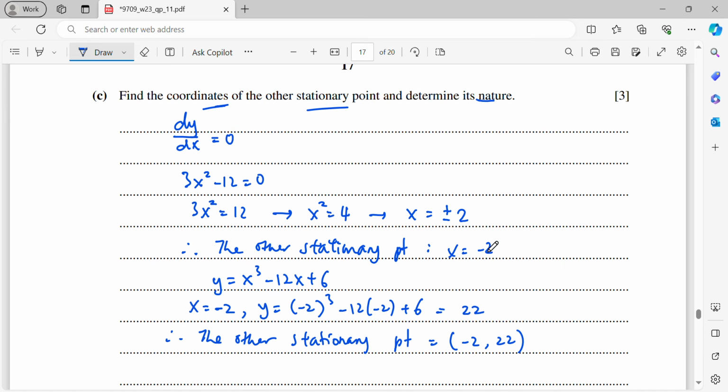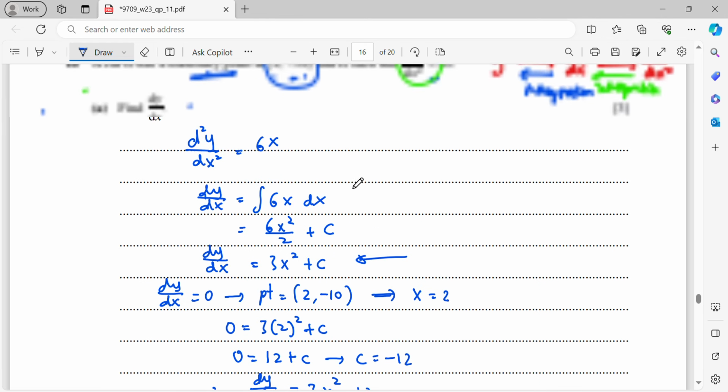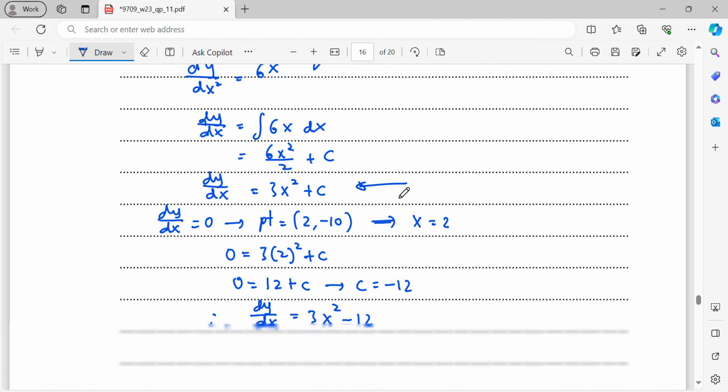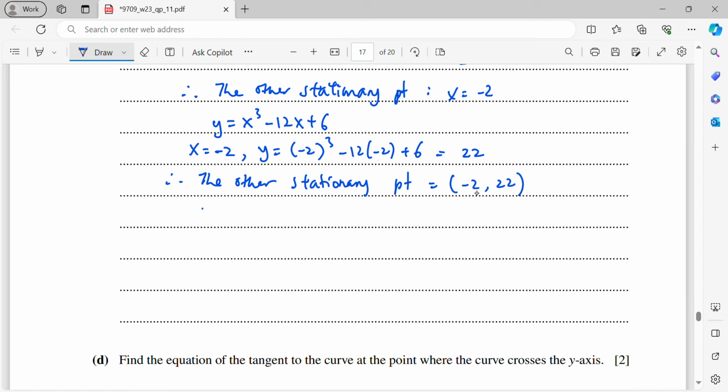Okay, so now to get the nature means the second derivative. So I have to copy 6x. Okay, so d squared y over dx squared equals 6x.